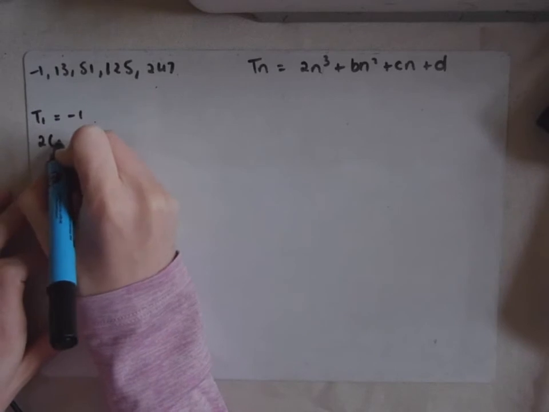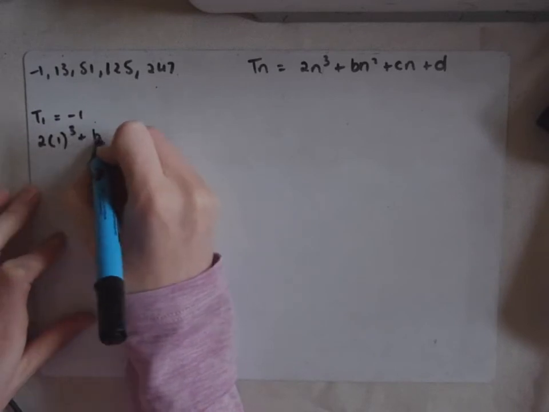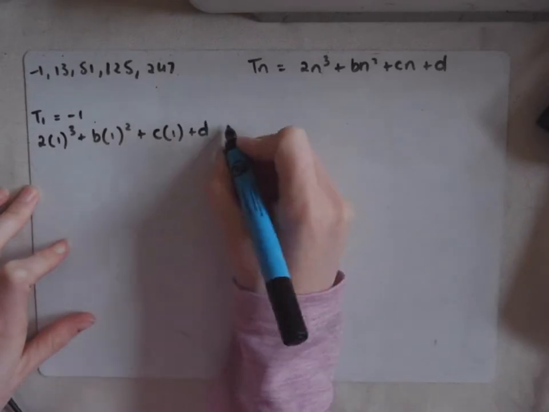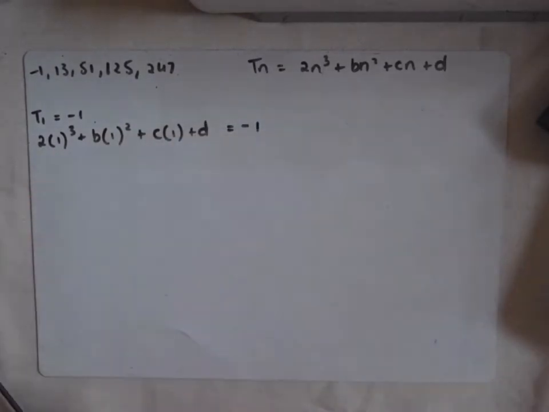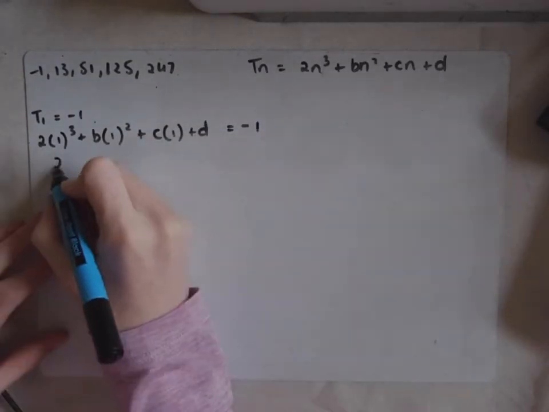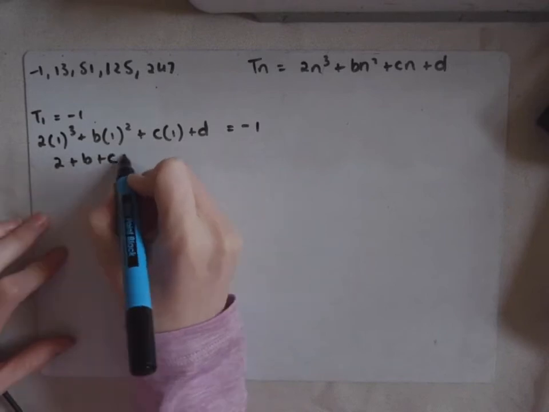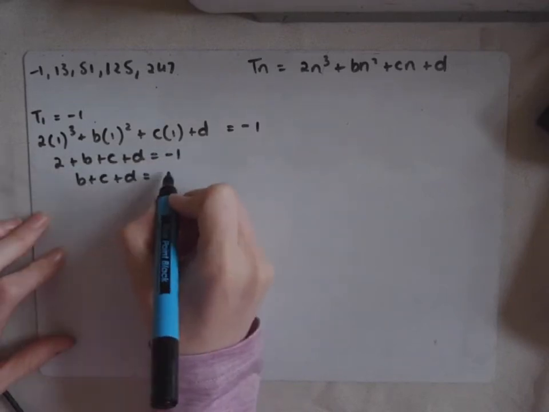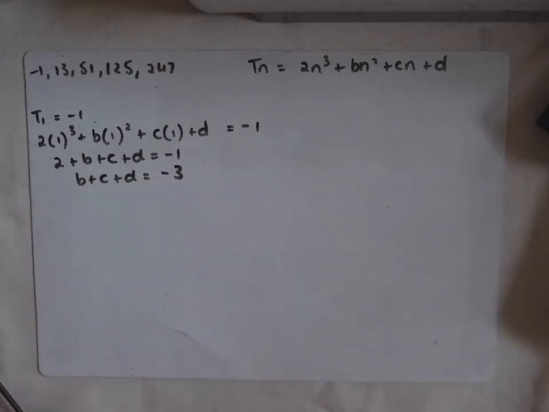So 2 times 1 cubed plus b times 1 squared plus c times 1 plus d, my answer is minus 1. So that's my first equation, b plus c plus d is minus 3.